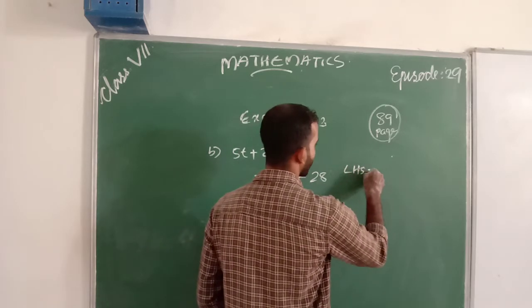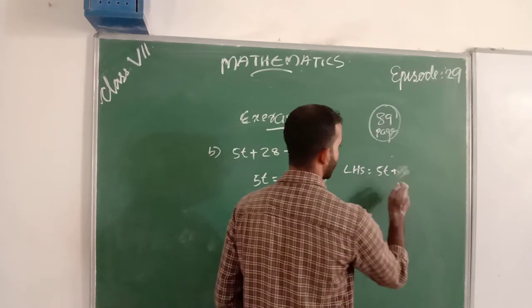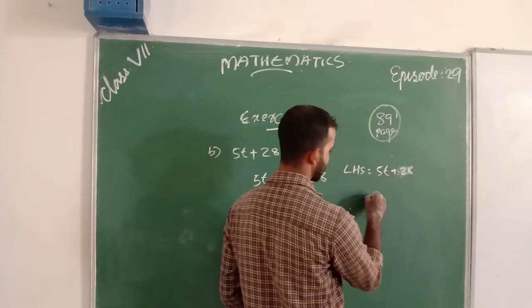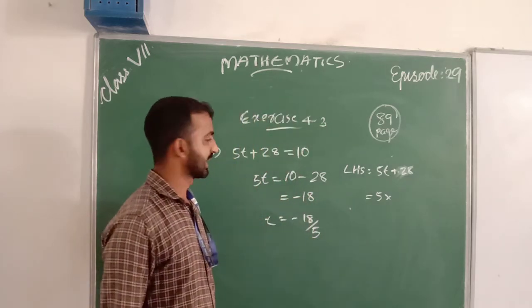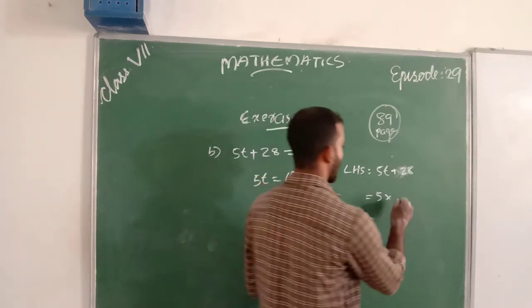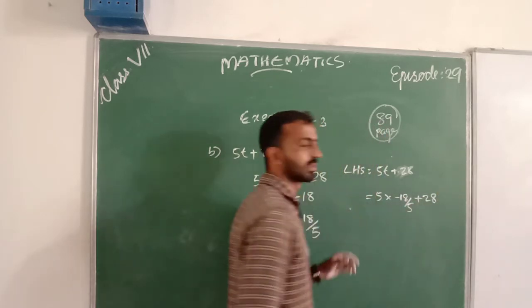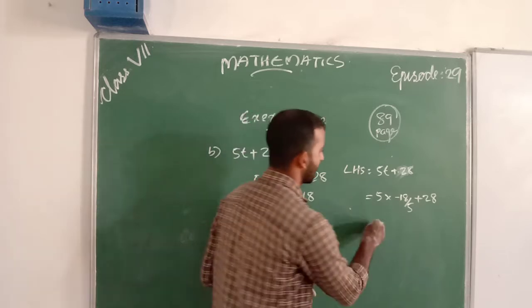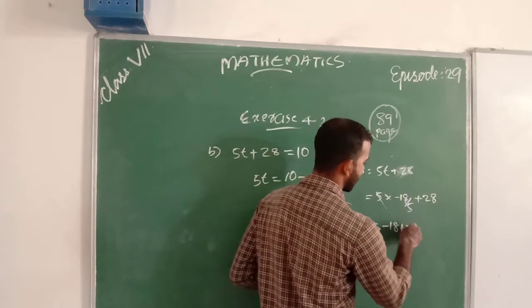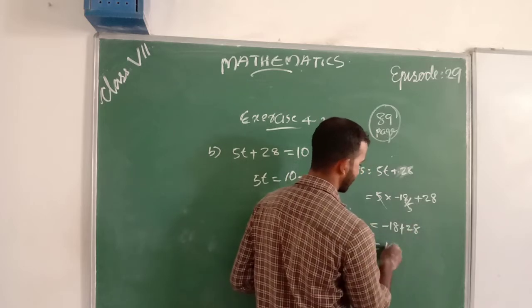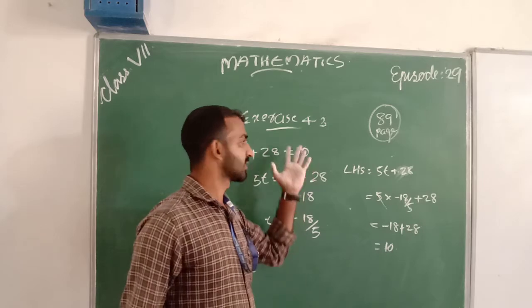LHS equal to 5t plus 28. What is t? t is negative 18 by 5. So 5 into negative 18 by 5 plus 28, that is negative 18 plus 28. We get 10.